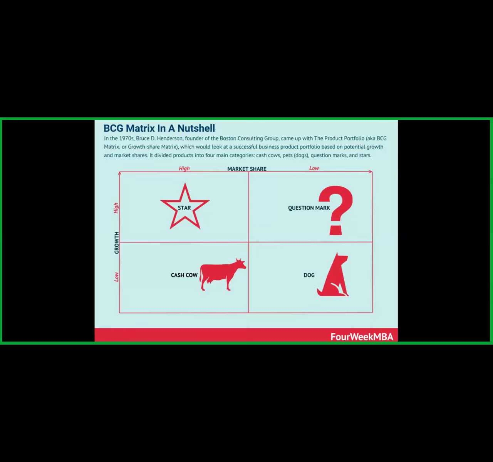So that we need to understand. Now, for example, let us take Apple. The star product for Apple, we are all aware, is the iPhone, the star product in the growth of Apple. Here the growth of Apple is high. The market share captured by Apple in the mobile segment, we are all aware, is also high. The potential for growth of Apple in the mobile segment is again huge.